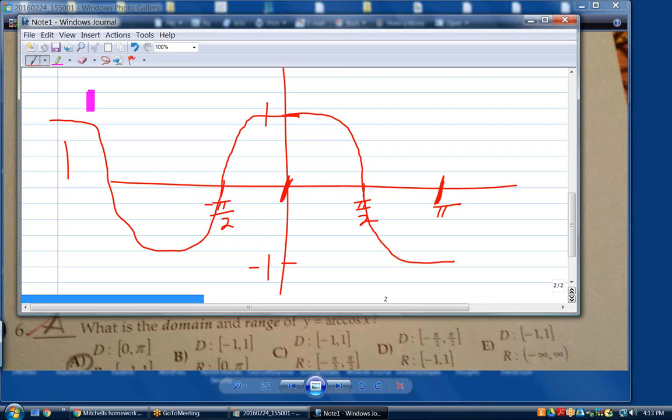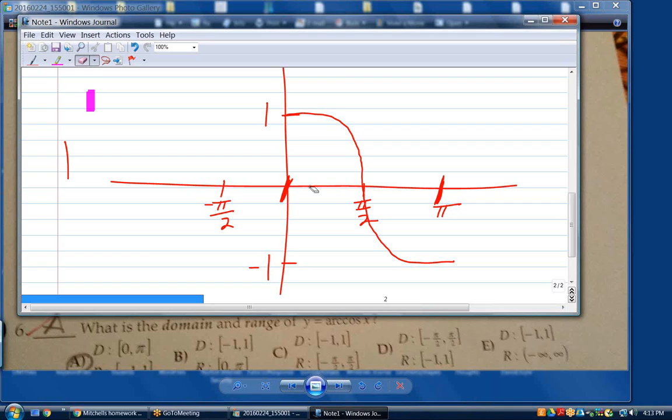First and second quadrant. Not minus pi over 2. In other words, if I want to come up with the inverse cosine, I start with this. Notice that that is 1 to 1, passes the vertical line test, passes the horizontal line test. That means when I take the inverse of this function, it is going to be a function.